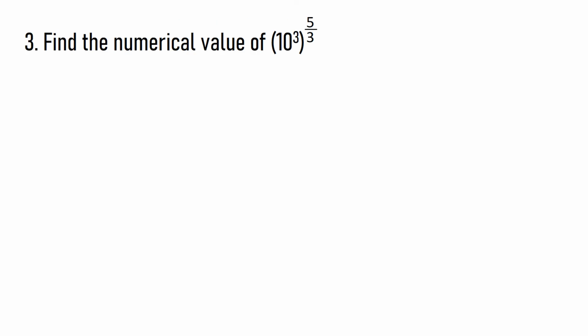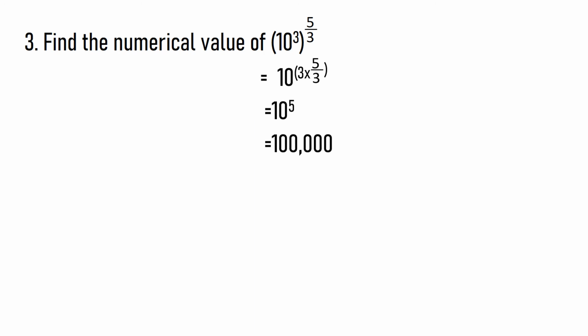Question 3. Find the numerical value of 10 power 3 raised to power 5 over 3. 10 power 3 raised to power 5 over 3 is the same as 10 to the power 3 times 5 over 3. 3 times 5 over 3 simplifies to 5, and so this becomes 10 power 5. 10 power 5 means 10 times 10, 5 times, which becomes 100,000.